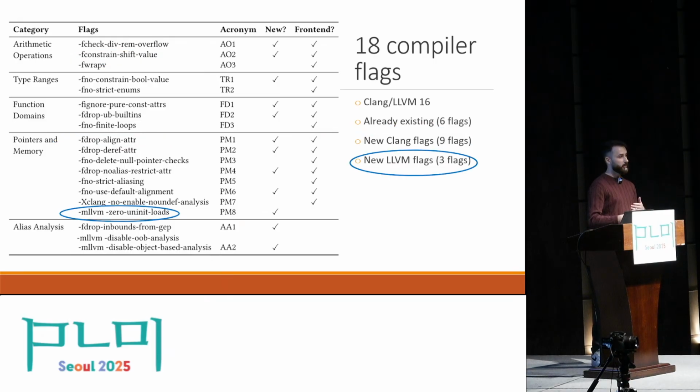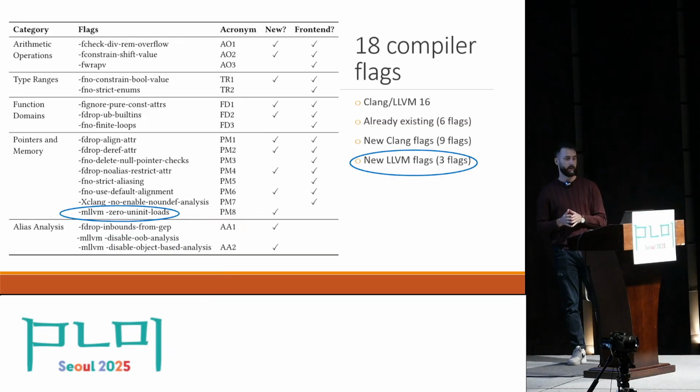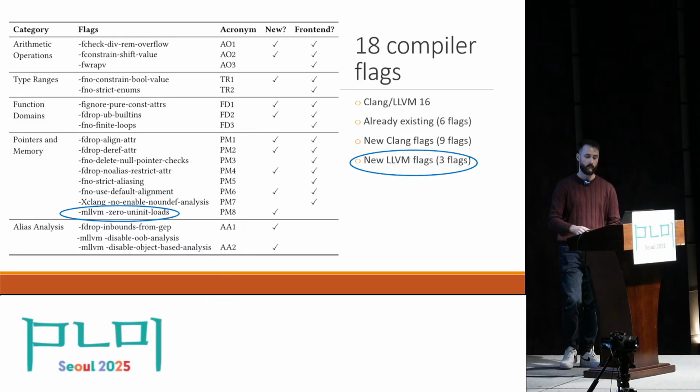Since the intermediate representation of LLVM is not expressive enough, we also had to add 3 LLVM flags to directly control the behavior of the optimizer. zero-uninit-loads does that. It replaces all loads from uninitialized variables with 0 loads.